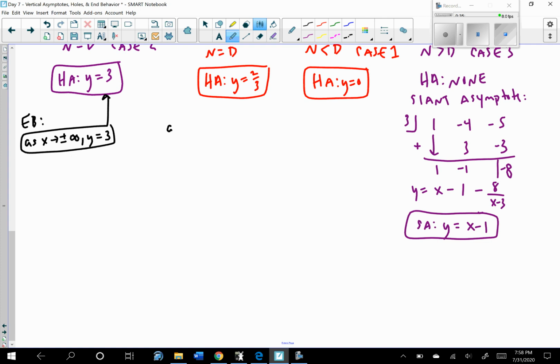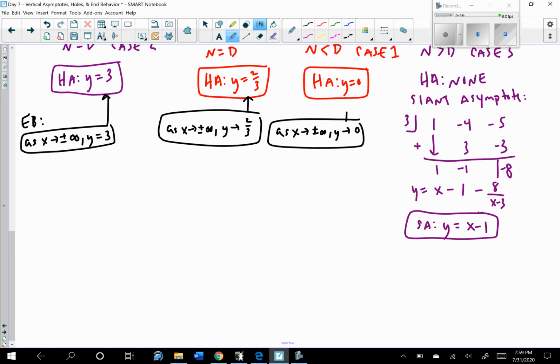Here, as x approaches either positive or negative infinity in the long run, your y values are going to be approaching 2/3. We saw that when we looked at the graph. Here, as x approaches plus or minus infinity, your y values are approaching 0. Again, we saw that when we looked at the graph.